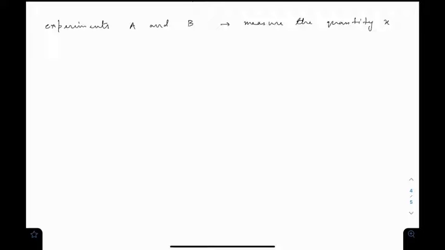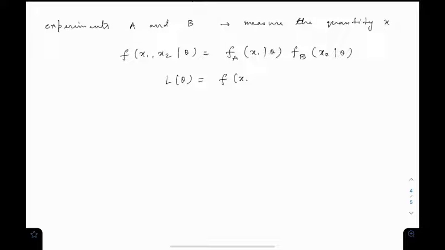In this case, f of x1, x2 given theta is nothing but a product of fA of x1 given theta and fB of x2 given theta. Now, L of theta is nothing but f of x1, x2 given theta.